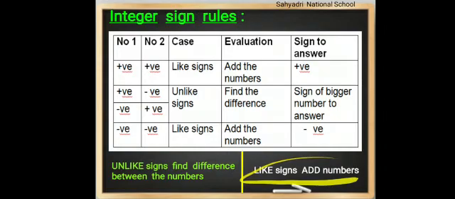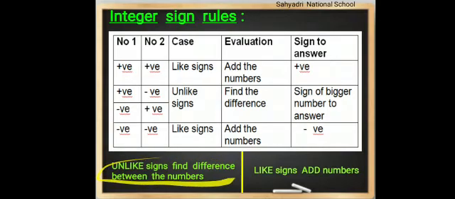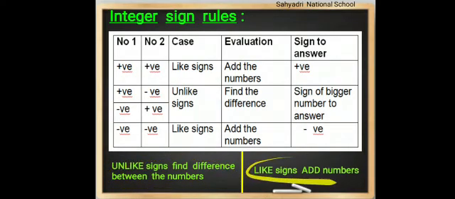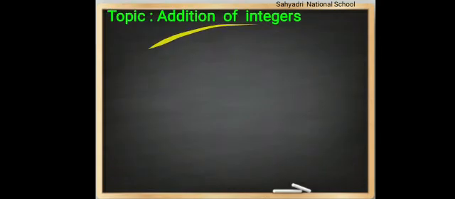Like signs, we add the numbers and give the common sign of both numbers in that expression to the answer. I repeat, unlike signs, find difference, sign of bigger number to the answer. Like signs, add numbers, the common sign given in the expression to the answer. Children, you have to copy this table in your classwork notebook.